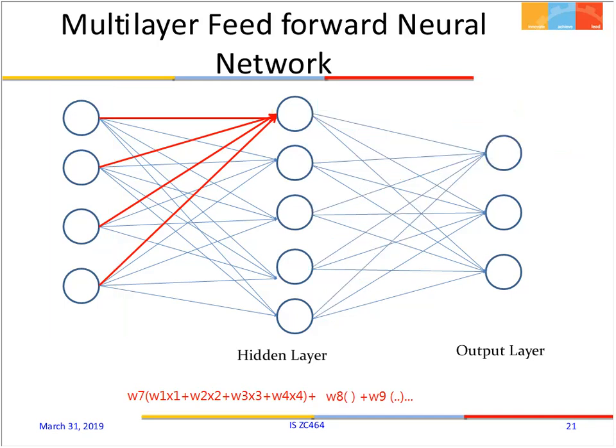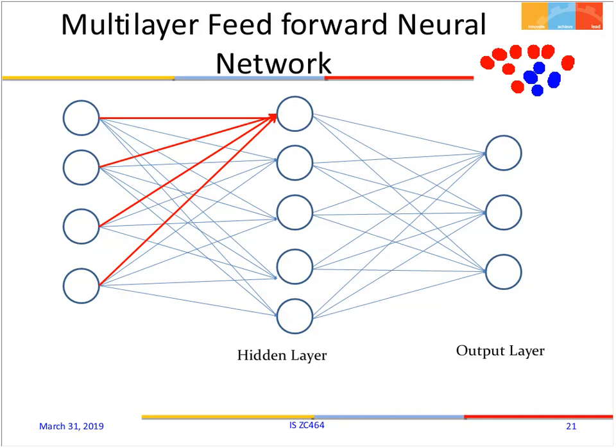Suppose my data was something like this. I am again drawing some very simple figure on the right hand side of your screen. I'm changing the color for a different class of data. So are you able to see this separation of red and blue points?